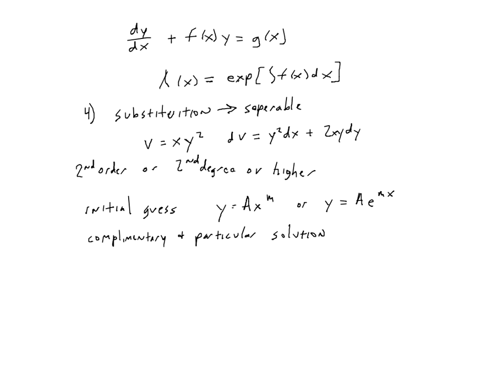Where you actually need to know what both of those are in order to solve the problem. Because the solution is actually going to be the sum of those two solutions. Here, the complementary solution is the one where it's a homogeneous equation.